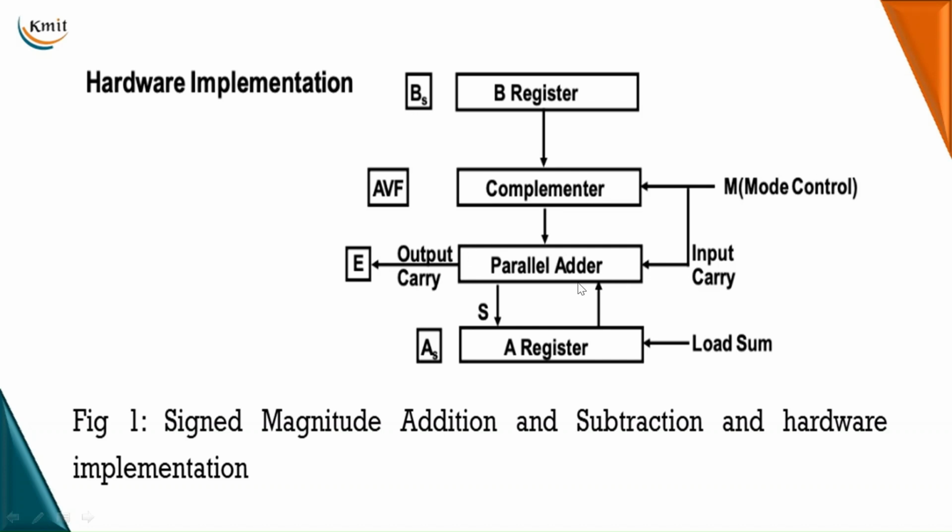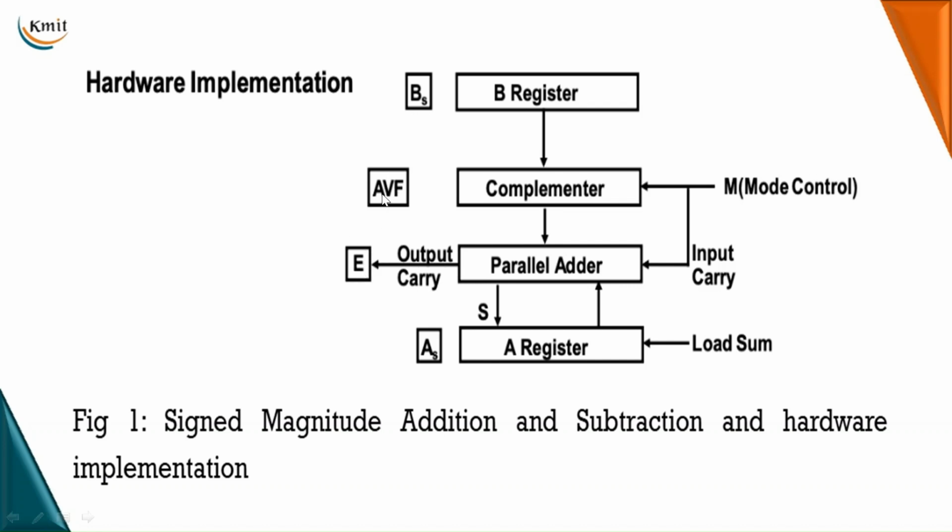The parallel adder is used to perform an addition operation on the contents of the two registers A and B, and we also have the E flip flop, which we call the extended flip flop, that is used to store the carry bit out of the addition operation. After performing the addition on the contents of A and B, if there is any output carry, it is stored into the extended flip flop E.